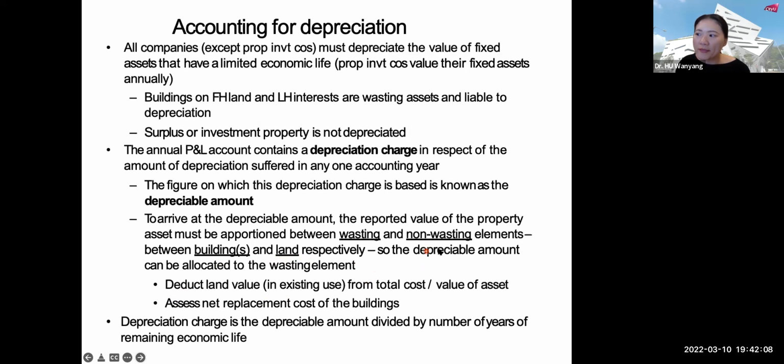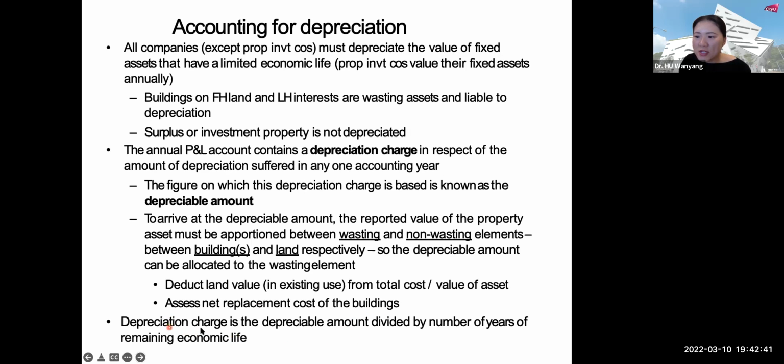The depreciable amount can be allocated to the wasting element, which is the element with a limited lifespan. So we need to deduct the land value from the total cost or total value of the asset.